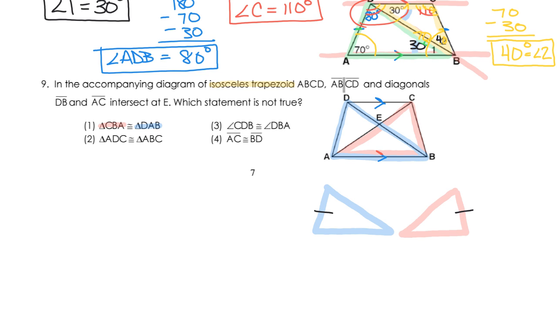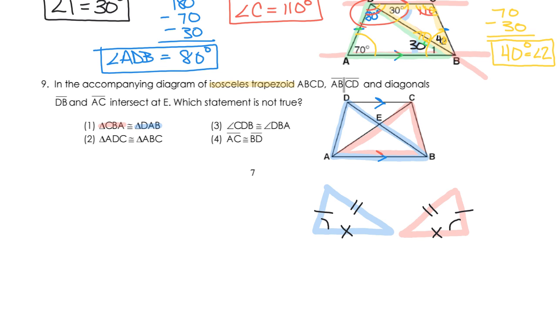I also know that the diagonals in an isosceles trapezoid are equal. And I also know that the base angles in an isosceles trapezoid are equal. And I also know that this bottom side AB is a shared side. It's the same side in both triangles.